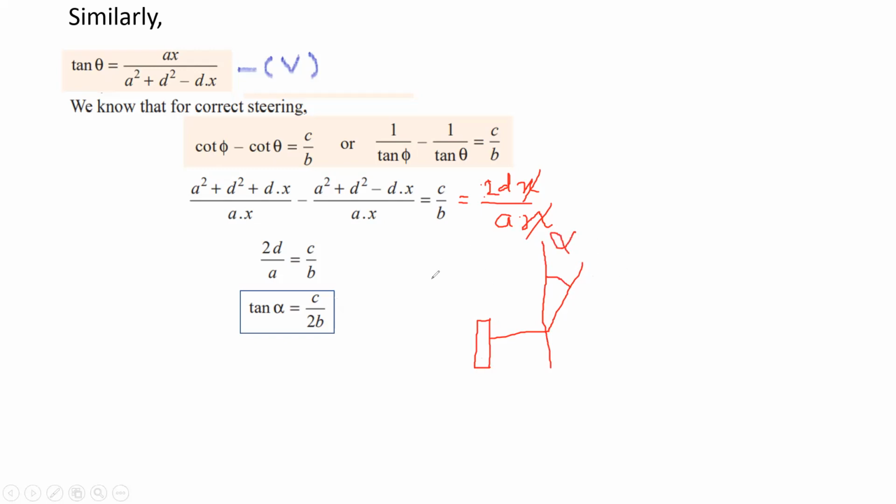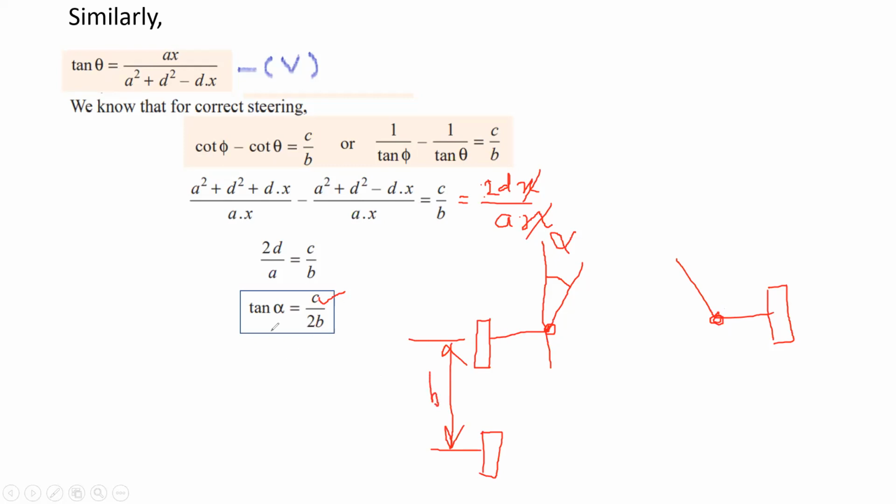You can find it with the help of this equation: it should be equal to c upon 2b. c is the distance between two pivot points, as here; these points are pivots, where the links will turn, so that distance is constant, equal to c, and b is the wheelbase. Wheelbase is nothing but the distance between the front wheel and the rear wheel measured at the centers of the wheels.